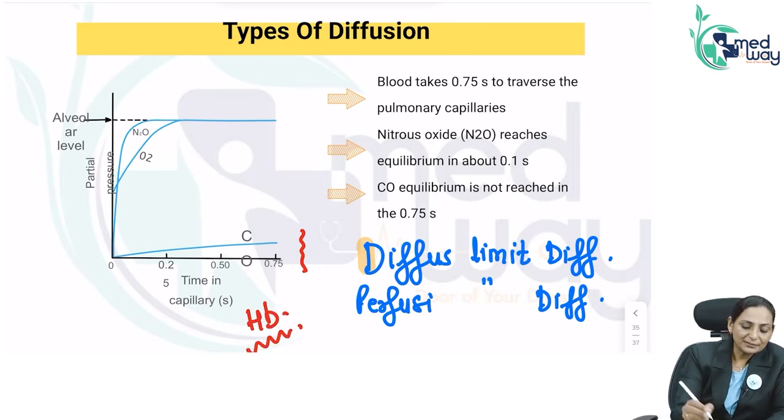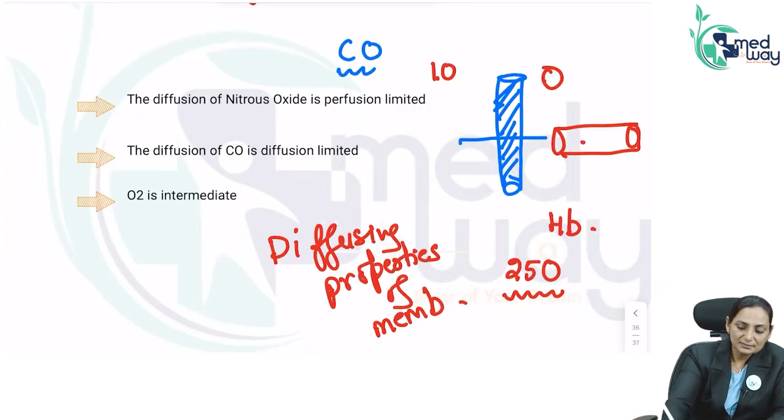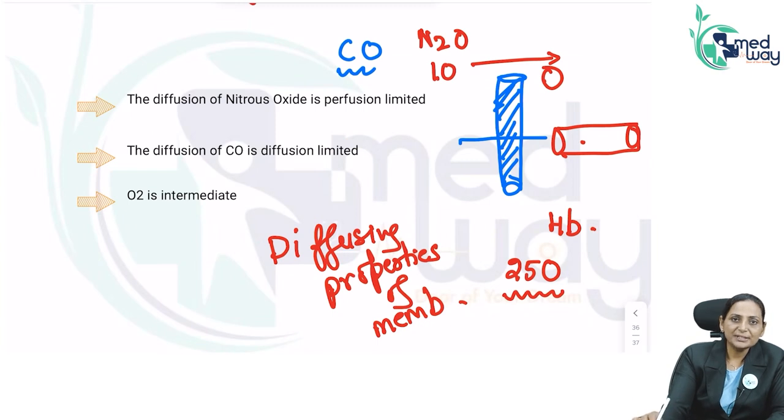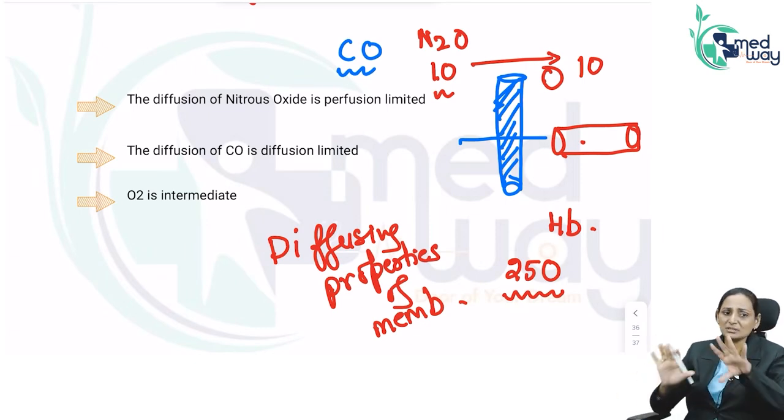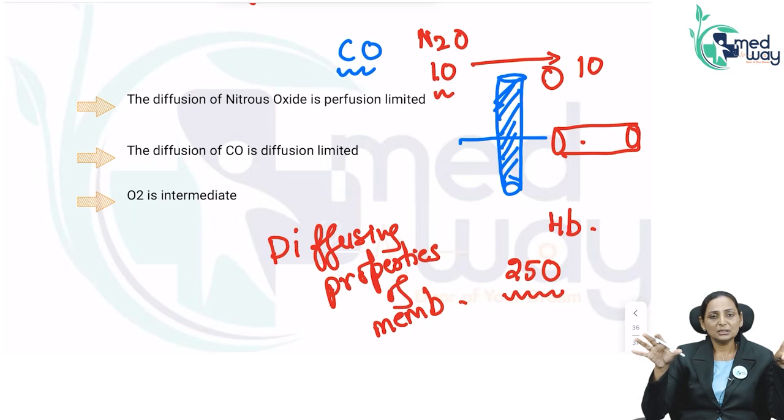Compare nitrous oxide, which attains an equilibrium point in less than 0.2 second. As soon as it comes into the blood, it has no affinity to bind with hemoglobin. So if the partial pressure was 10, it will soon be 10 on the other side, and no more nitrous oxide can travel because both sides have become equal. Why equal?